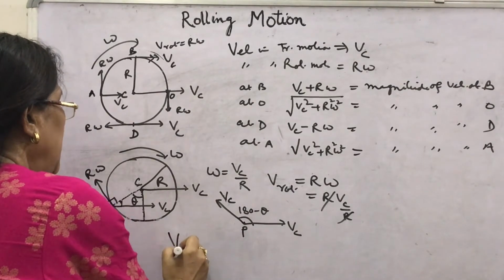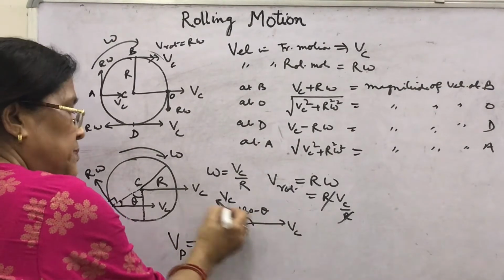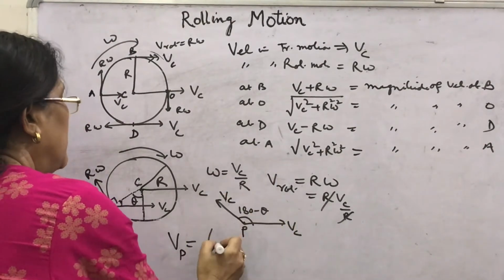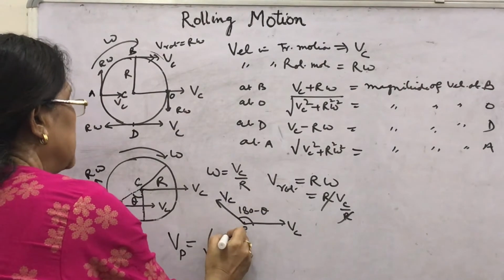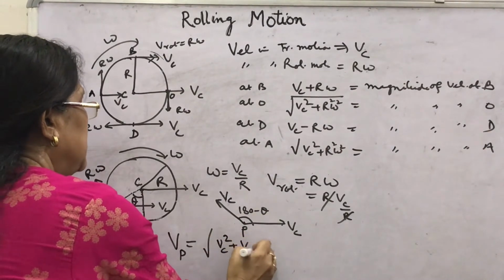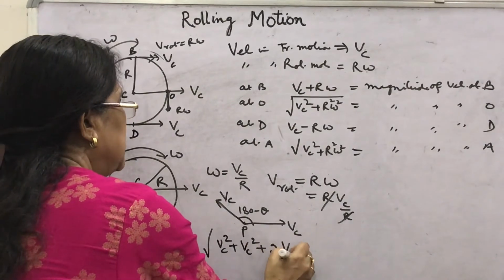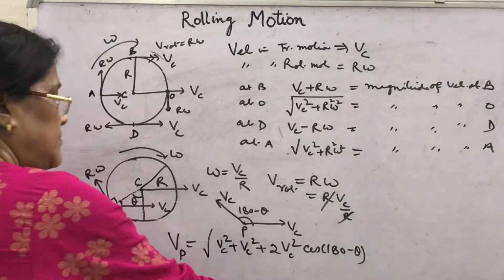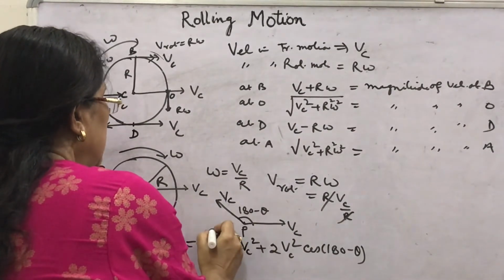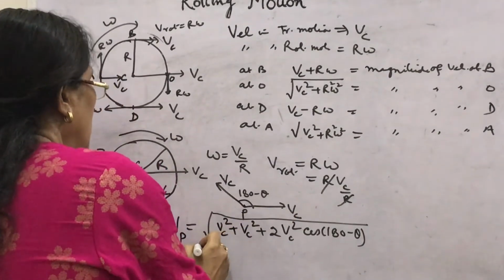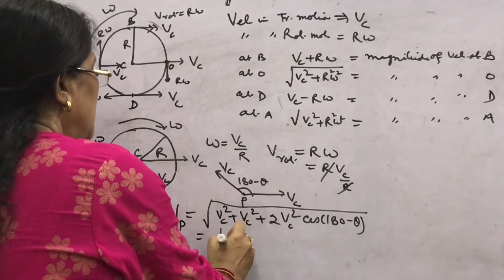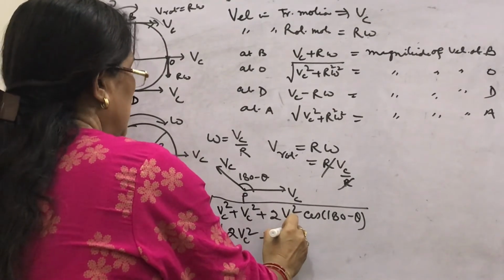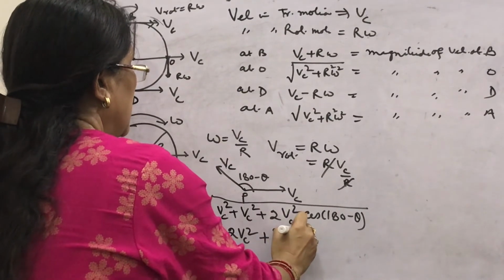At point P, if you represent the net velocity with Vp, then as per vector addition, it is root of V square plus V square plus 2VV cos 180 minus theta. So this is VC square plus VC square plus 2VC square cos 180 minus theta, the whole under root.